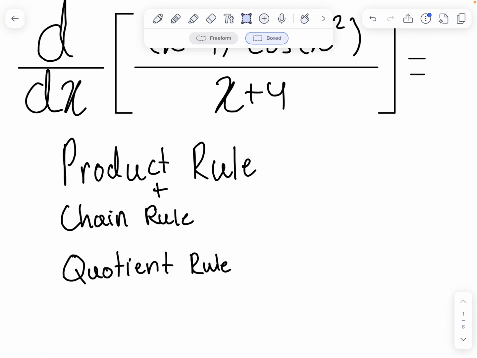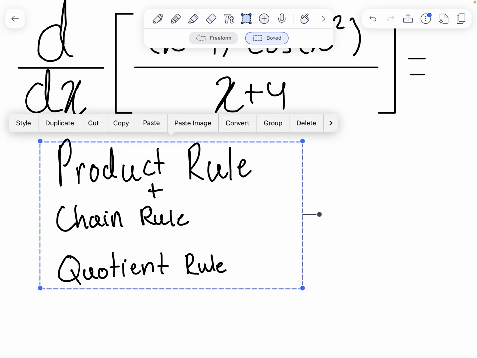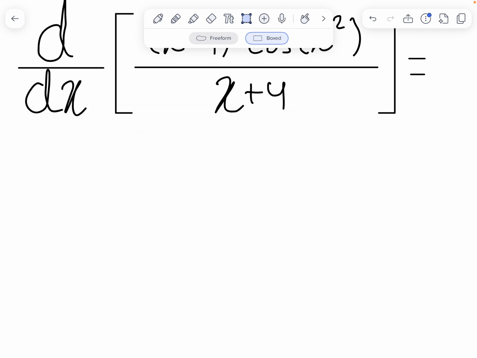So those are the 3 that you should have used. Hopefully you used them, and so let's get started.